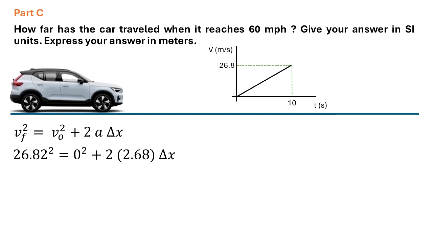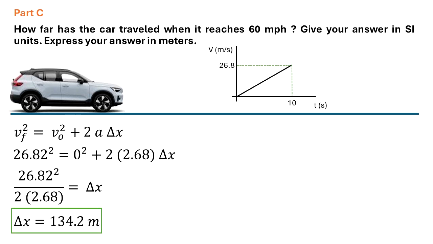Now the only unknown that we have is delta x. Let's do some algebra to solve for delta x. We divide and we find that delta x is 134.2 meters.